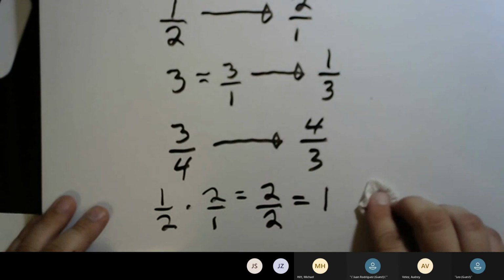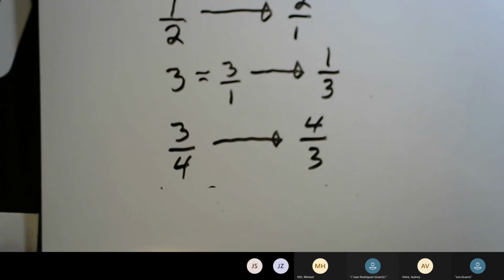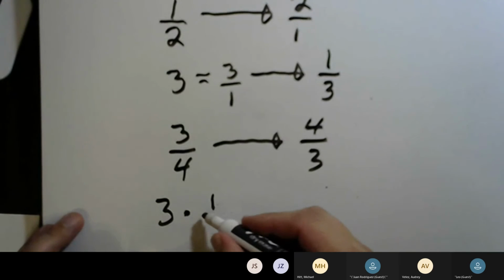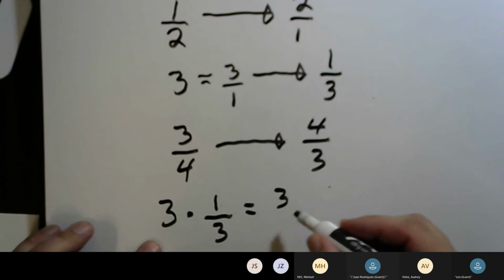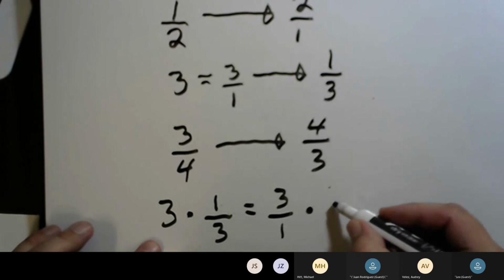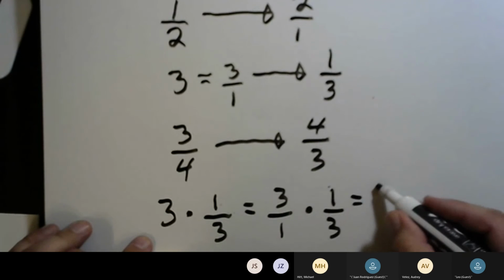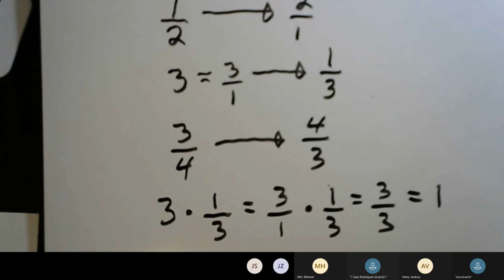So let's try this other one. Take a look at 3. 3 times its reciprocal of 1/3. Well, 3 we can write as 3/1 times 1/3. We multiply across in fraction multiplication. We get 3/3, and sure enough, it's equal to 1. Okay.